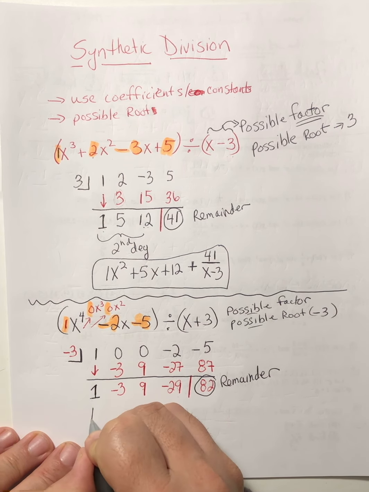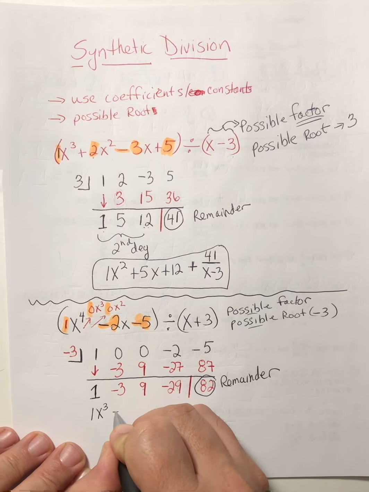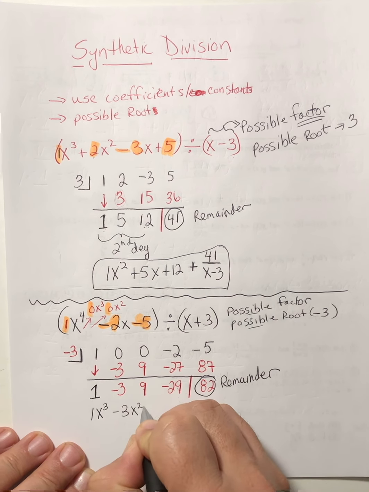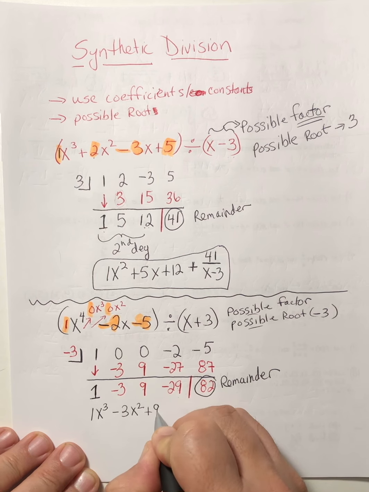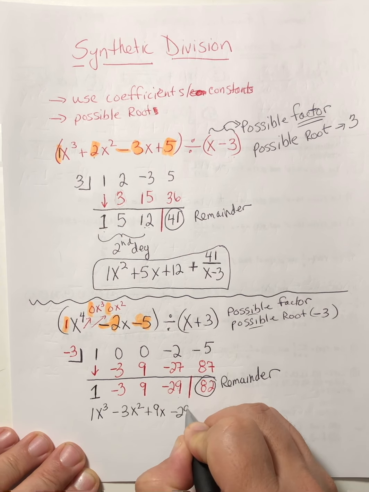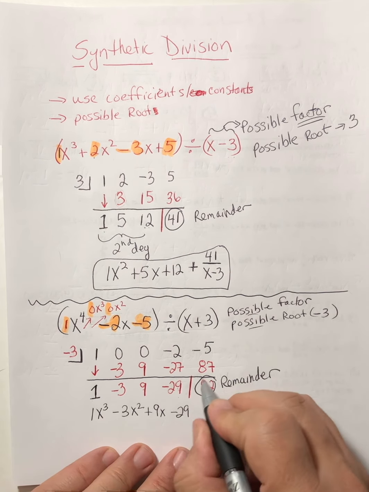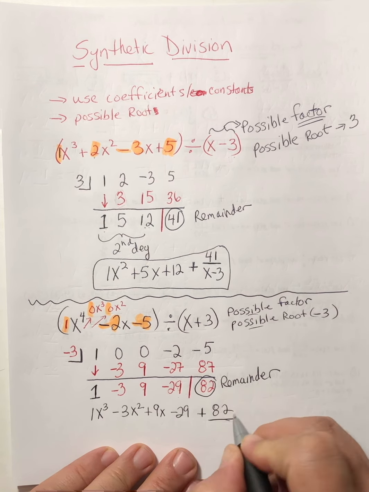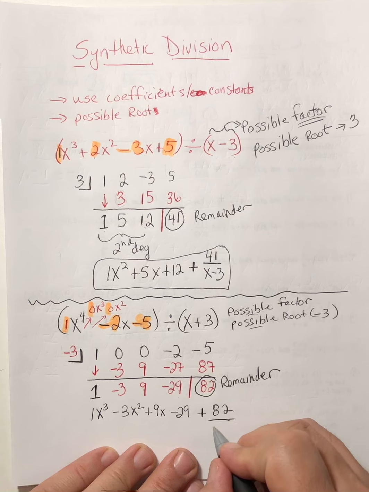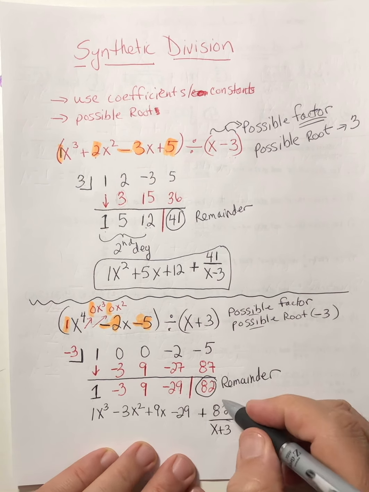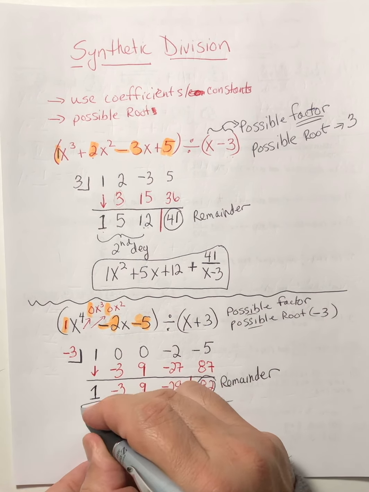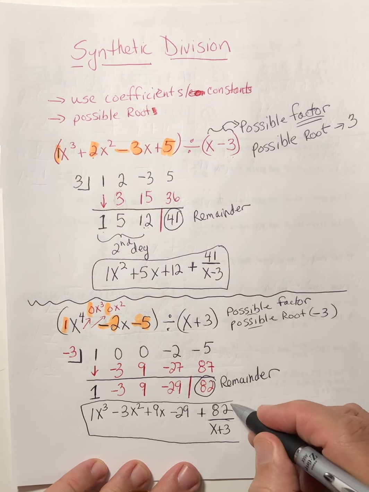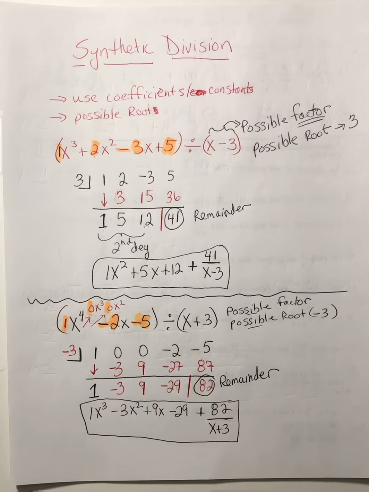So 1x cubed minus 3x squared plus 9x minus 29. And then 82 is positive, so plus 82 over your x plus 3. You just did synthetic division. Okay? A lot easier than what we did yesterday.